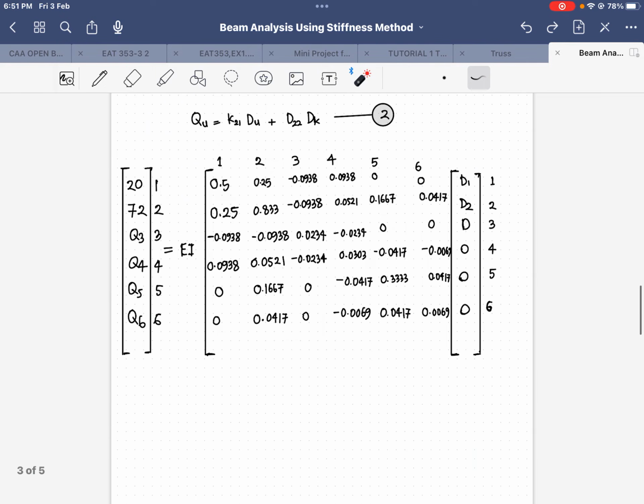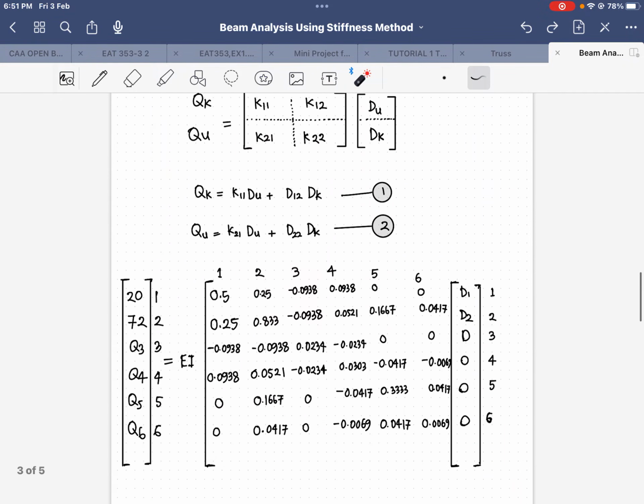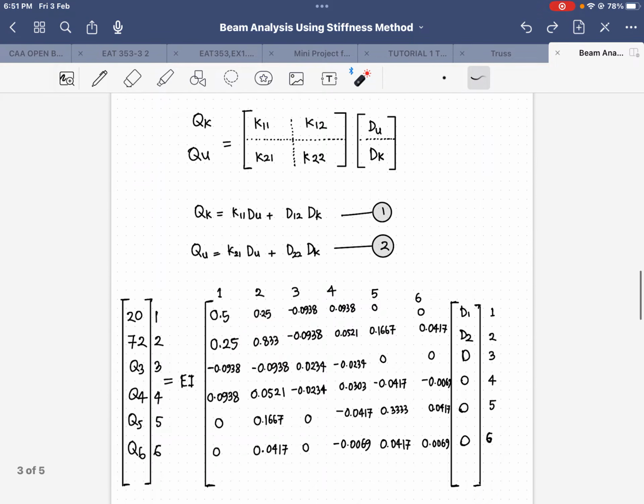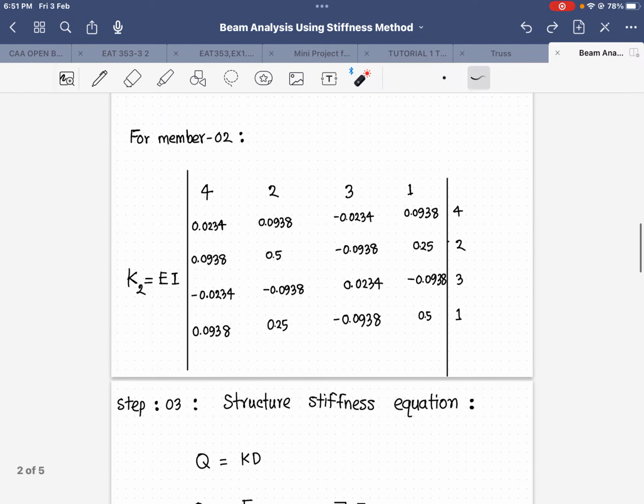All right, for the second one, this is the second column second row. I put 0.833, right? You see in the second row second column I have 0.5.